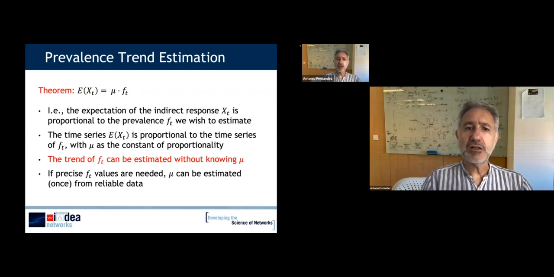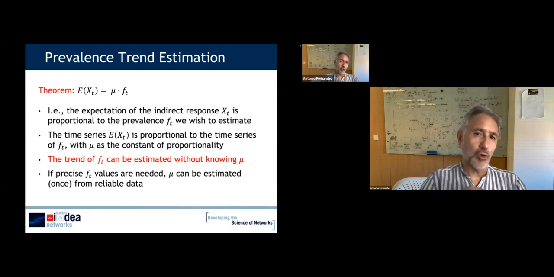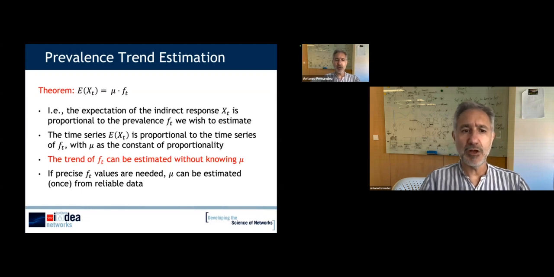This is nice because if we are looking into the trend, we don't care so much about the actual value of ft, but we want to know whether ft grows, decreases, or stays the same. Then just by estimating the expectation of xt by sampling and using the mean as estimator, we can capture that phenomenon. If we really need to know the value of ft, then we need to estimate mu.